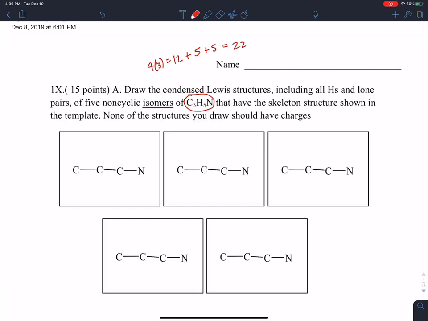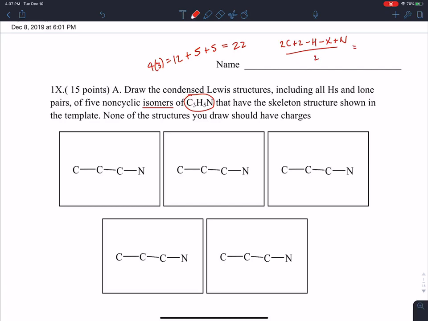Another way you can think of how many double or triple bonds I have is using the degrees of hydrogenation, the hydrogen deficiency formula, which was 2 times the carbons plus 2, minus H, minus any X's, plus any nitrogens, all divided by 2.